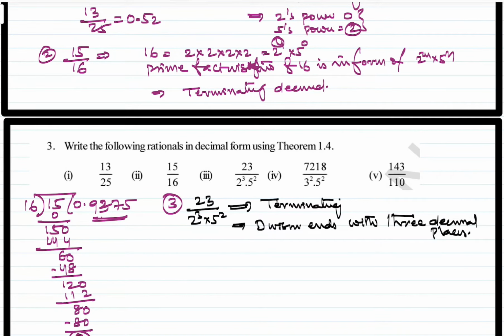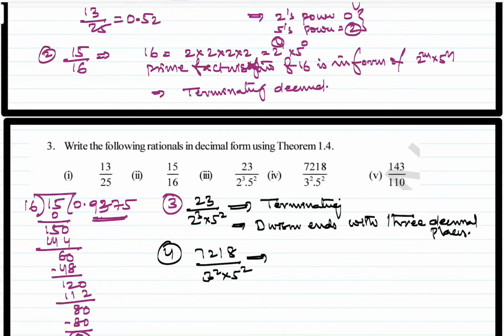Okay. So similarly, fourth one, 7218 upon 3 to the power of 2, 5 to the power of 2. So here also it is not a terminating.